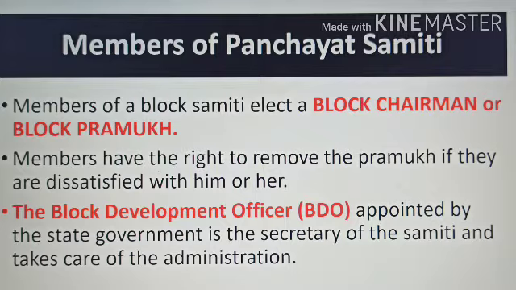So till the time he or she is doing the work properly, they will be on the post of the block chairman or block pramukh. As soon as the members feel that they are not doing it very honestly, then they will be removed. All the powers are in the hands of the members of the block Samiti.